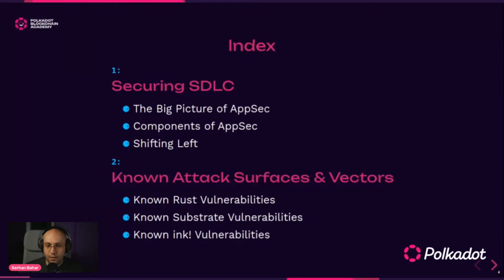And lastly, we will touch a little on attack surfaces and vectors, like Rust vulnerabilities, substrate vulnerabilities, or ink vulnerabilities. But we will have another session next week with a more detailed version of the top common security risks about Substrate and Polkadot, with code examples.